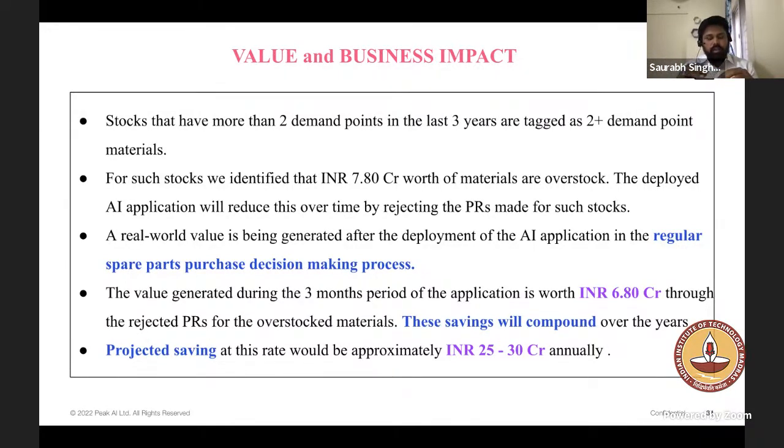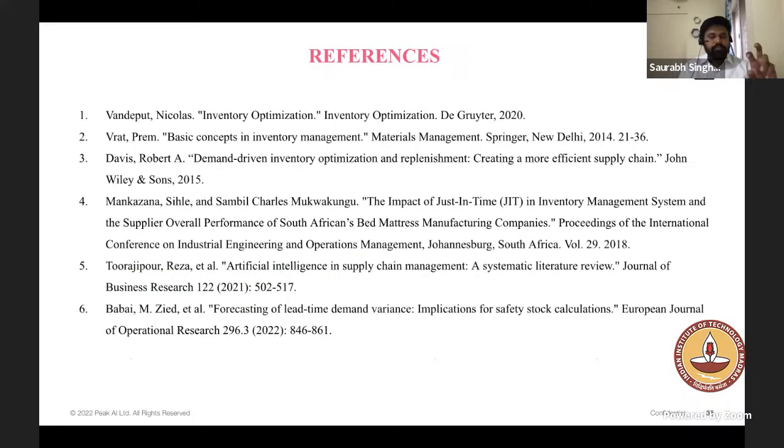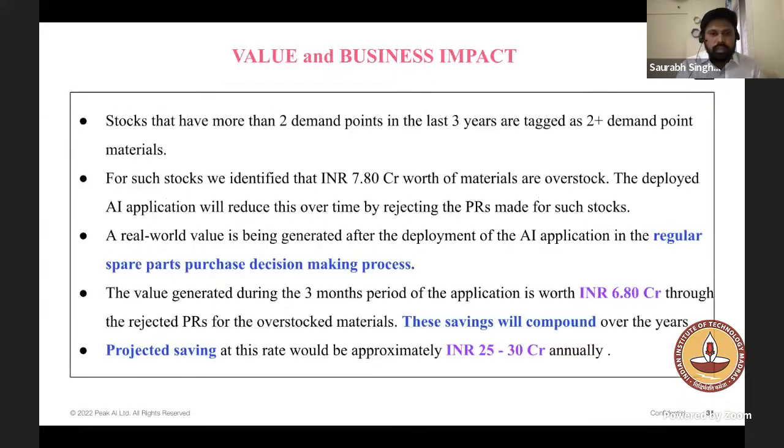At this rate, you can easily save 25 to 30 crore rupees by simply stopping the reordering of materials which are already present in your inventory in an overstock situation. This is the kind of business impact that can be drawn with these inventory optimization applications. With this I'll end my presentation, and the floor is open for questions if there are any.